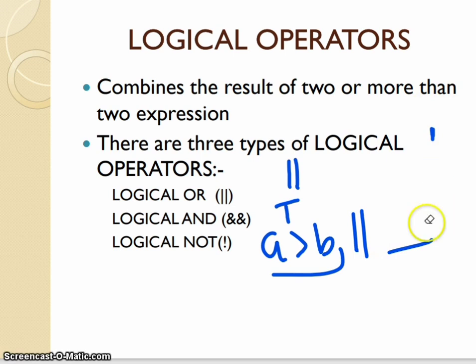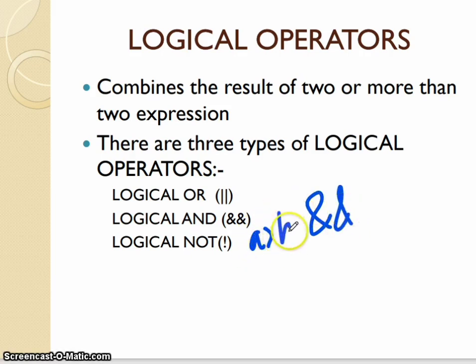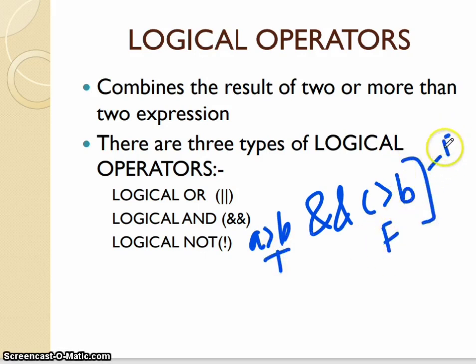Now, logical AND operator. It is represented by 2 ampersands. If I write a is greater than b and c is greater than b, and here this condition is true and this condition is false, the overall condition becomes false.